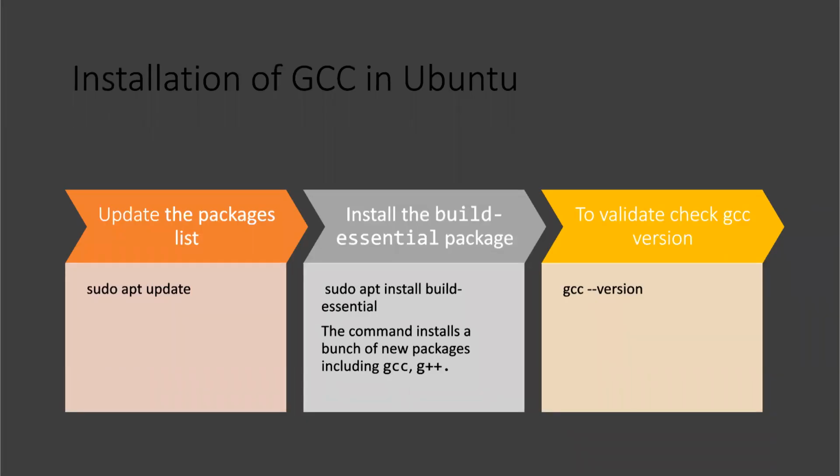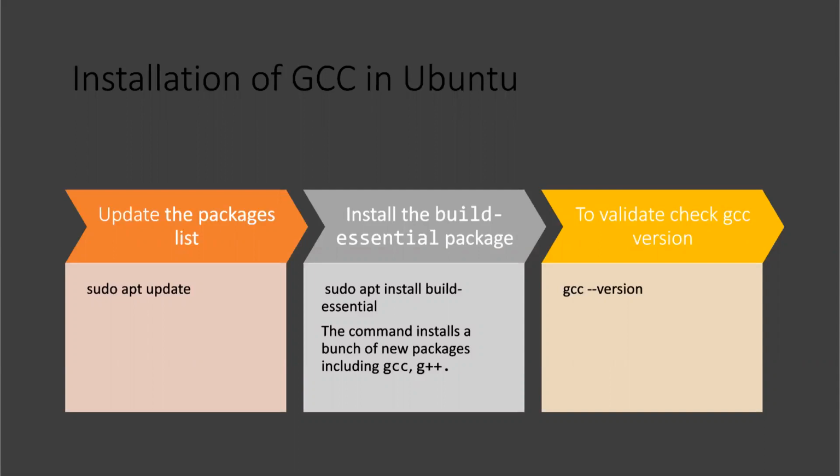Now, the steps for installing GCC in Ubuntu. First of all, I will open my terminal. Before that, the first step is to update the Ubuntu operating system, meaning all the packages that are already installed. Is there any updated package or library available or not?